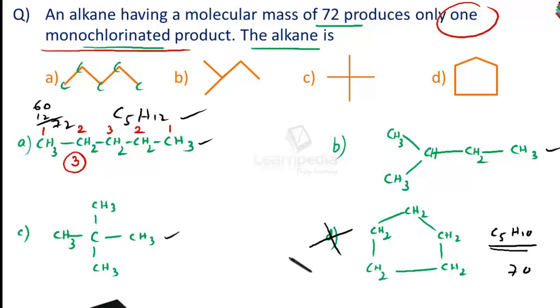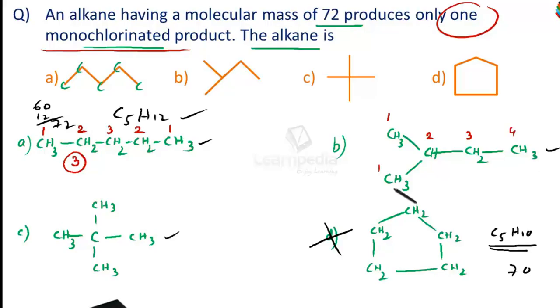Let's see option B. So for option B, if we replace the hydrogen of this carbon or this carbon, we get the same compound, isn't it? Then you can also replace from the second carbon and also from the third carbon and also from the fourth carbon. Remember one thing, all these 3 CH3 groups are not identical, isn't it?